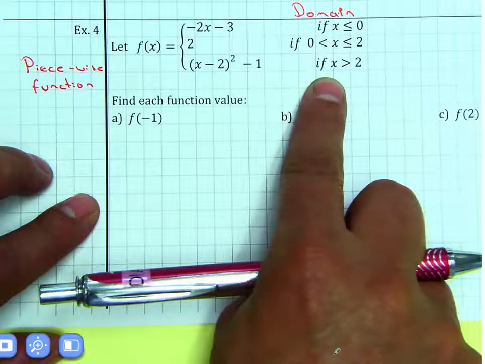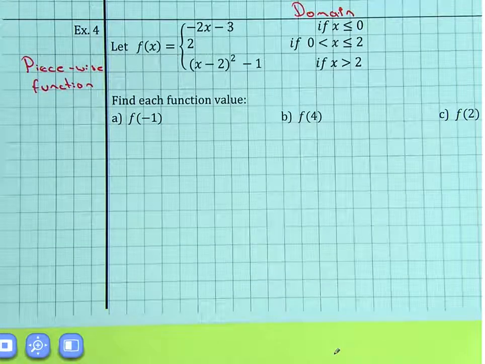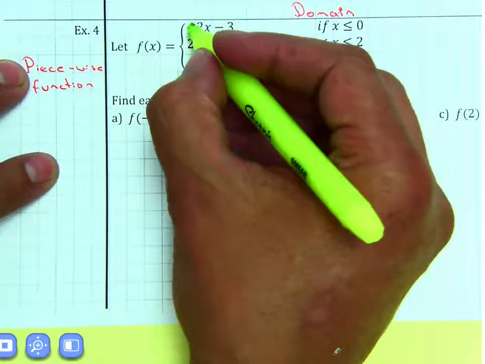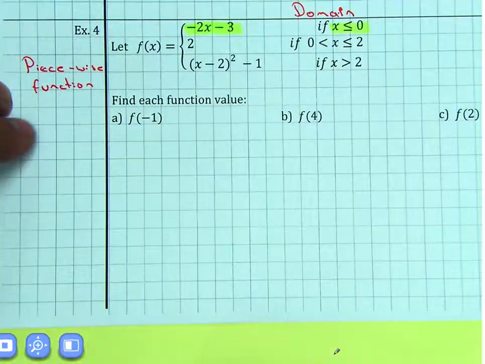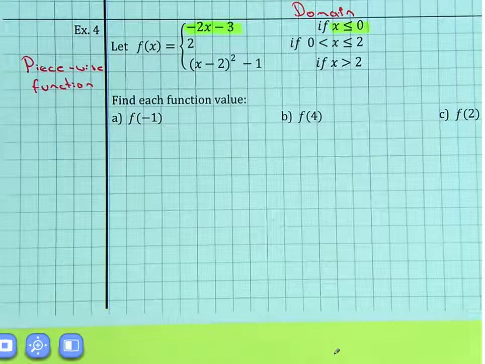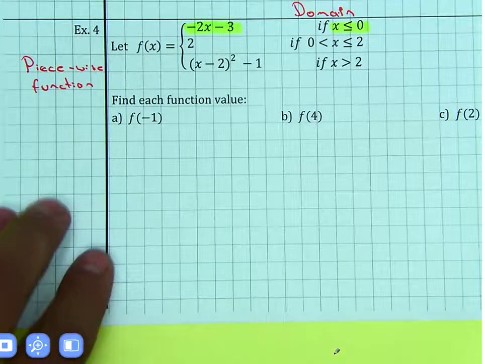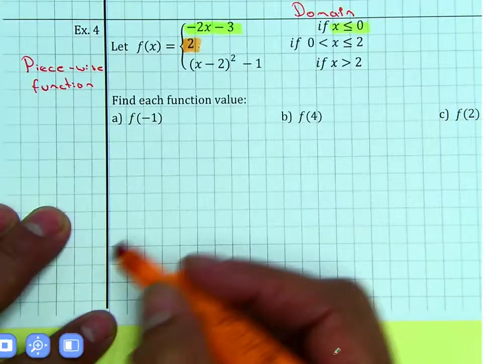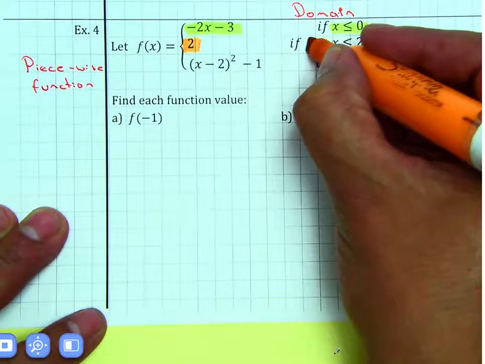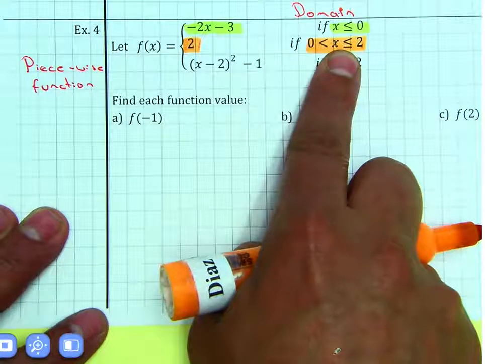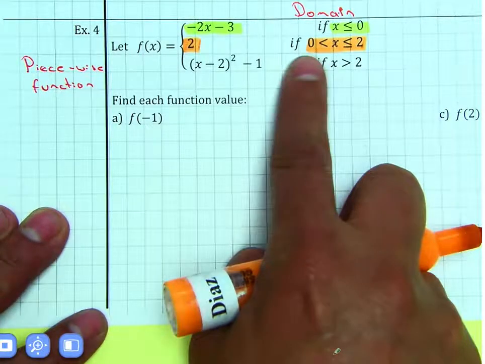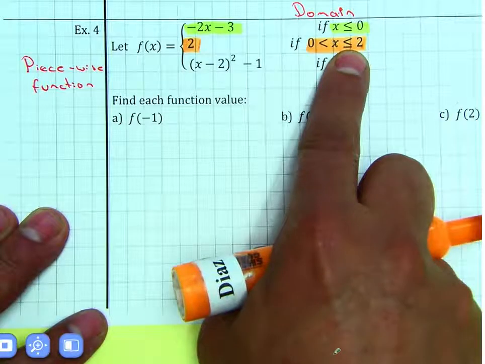So this is your domain. Therefore, this equation will only apply when the values of x are less than or equal to 0. This equation, f of x equal to 2, will only apply when x is greater than 0 and x is less than or equal to 2.